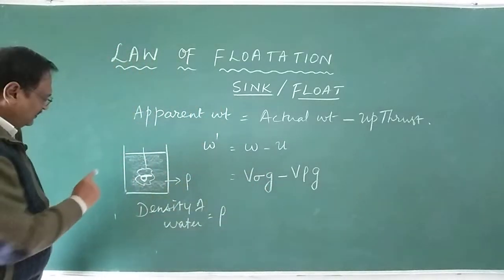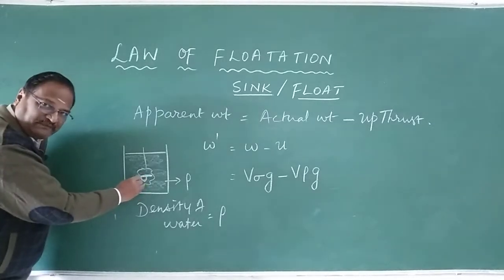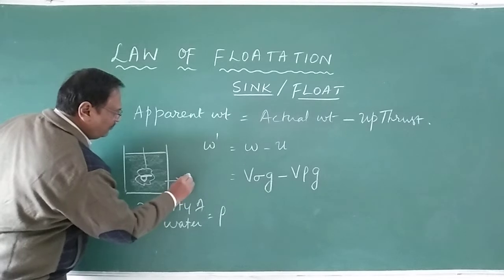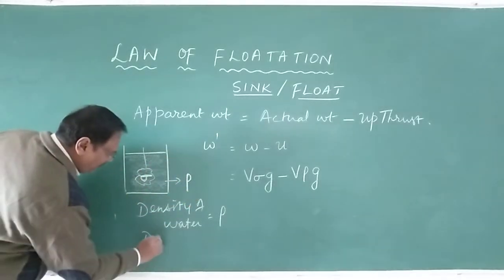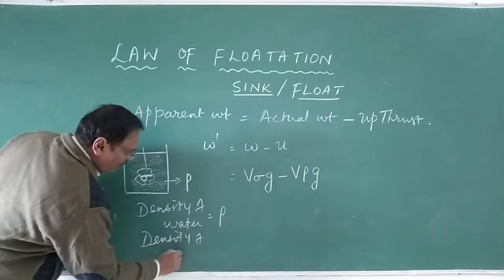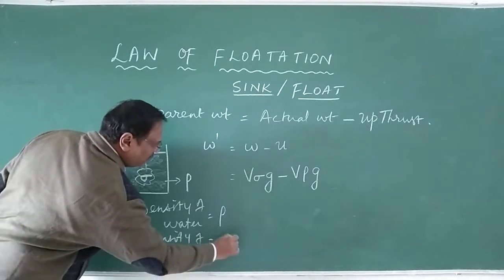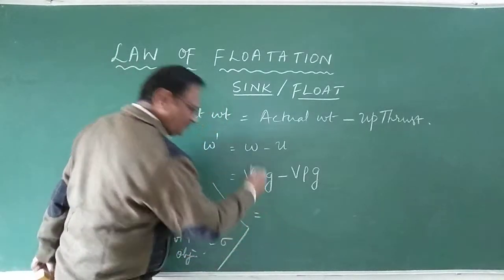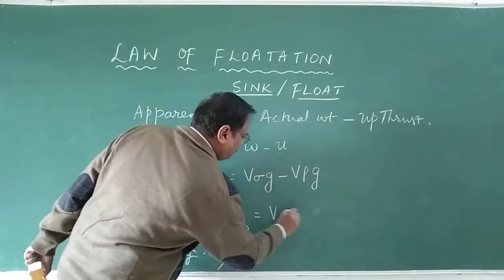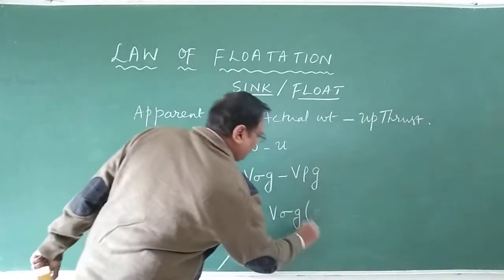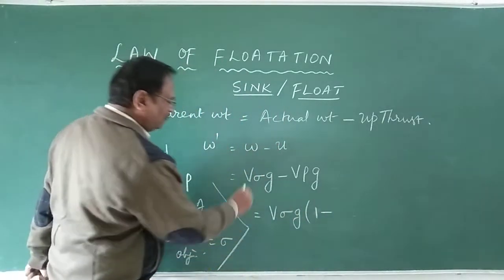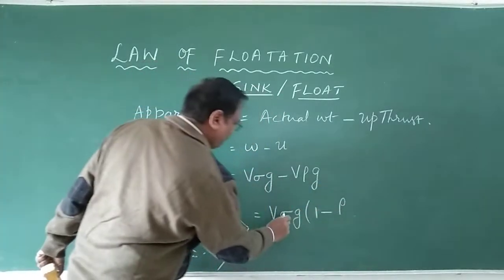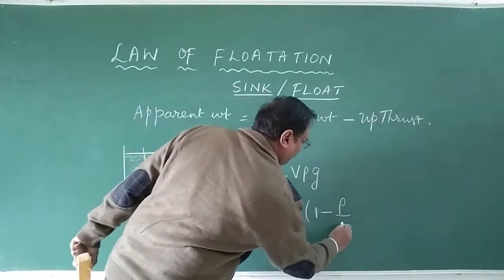Because I have to take the density of the object, and the upthrust is actually given by water, whose density is rho. The density of the object which we have taken is sigma. Now, for simplicity, I take V sigma G outside and write 1 minus, Vg is common, rho is there, but sigma is additionally taken out, so divide by sigma.